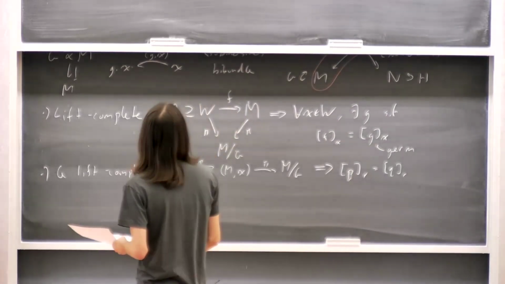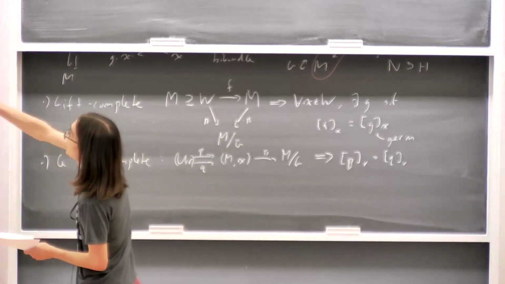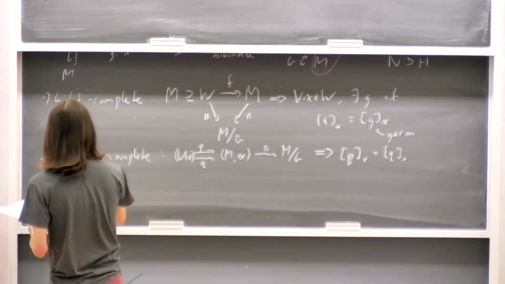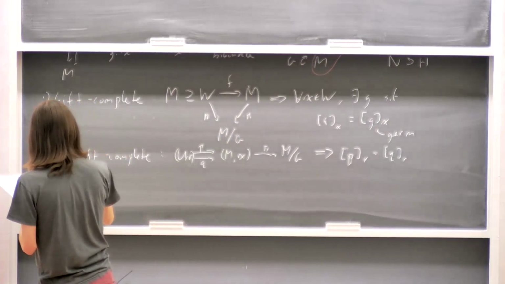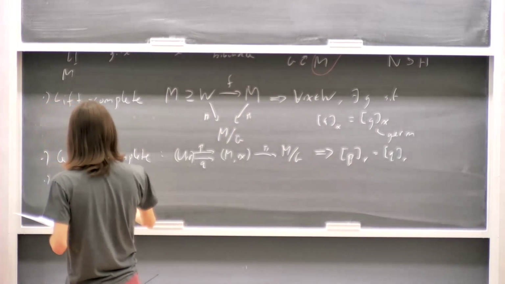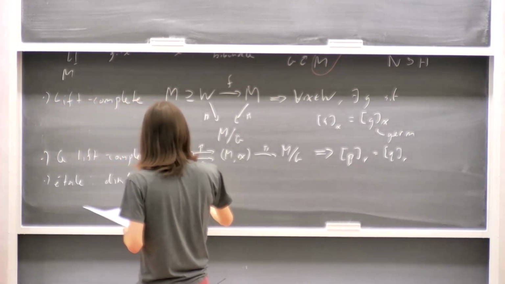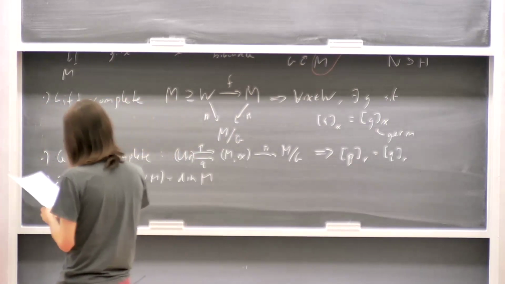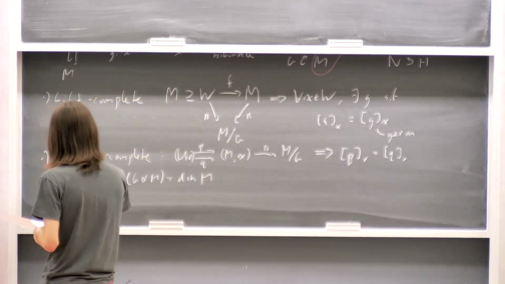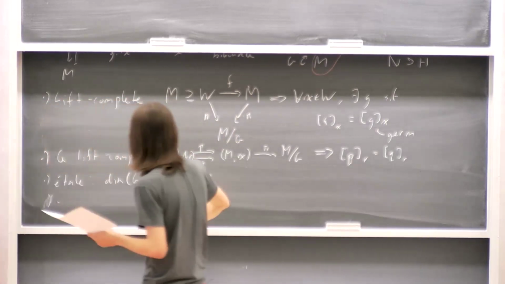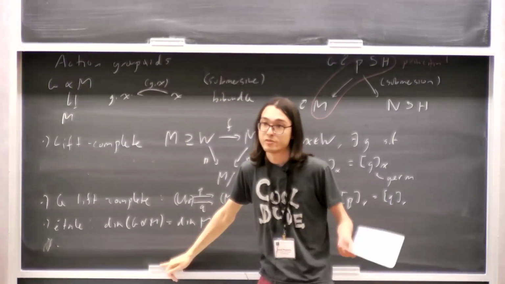All right. And there's a tau effective. So a tau is just that the dimension of the arrow space is the dimension of M. In this case, for action groupoids, that means that G is zero dimensional. And effective means that no two arrows do the same transformation.